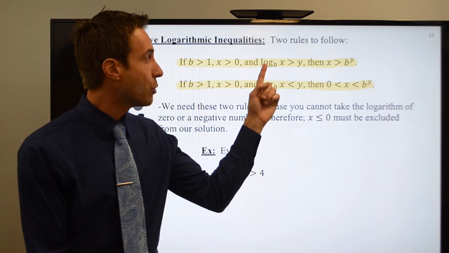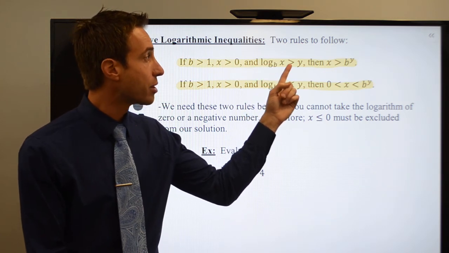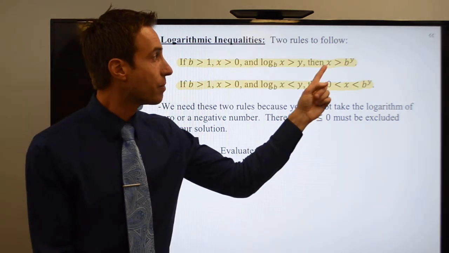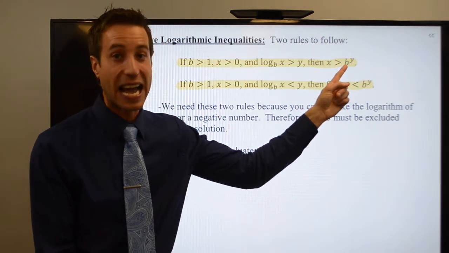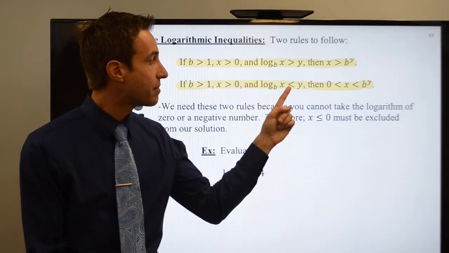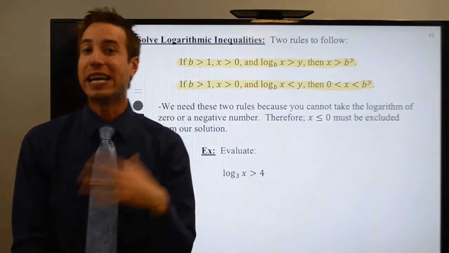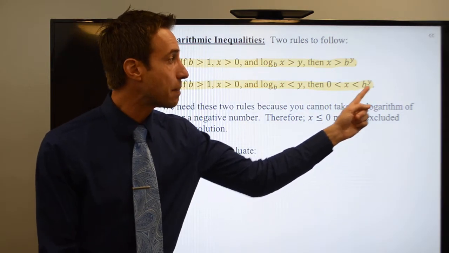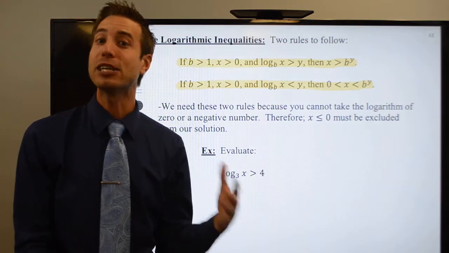The first one: if you have a logarithm that is greater than y, then when you rewrite it as the exponential, the value of x will be greater than b to the y. However, if you have a logarithm that is less than y, when you rewrite it as the exponential, your x will be less than b to the y, but has to be greater than 0.